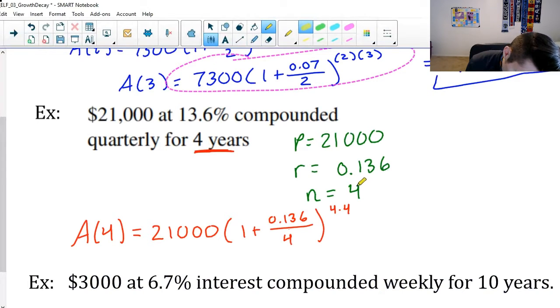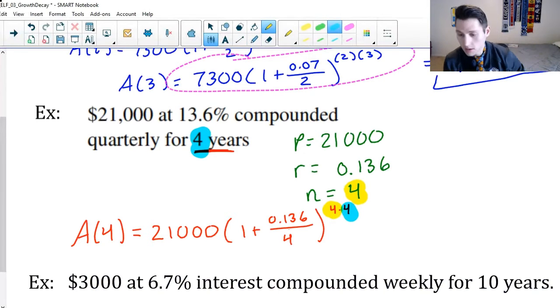So notice that this 4 in my exponent comes from the n. However, this 4 comes from the t, that's how many years we want to know. I know that they're both 4s, so it's a little confusing, but those 4s come from different places. One of them is the n, and one of them is t, because we want to know for 4 years.